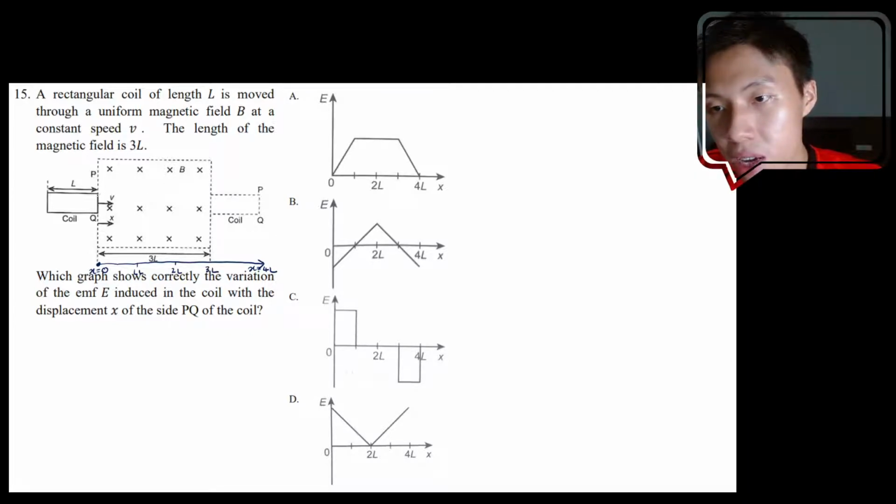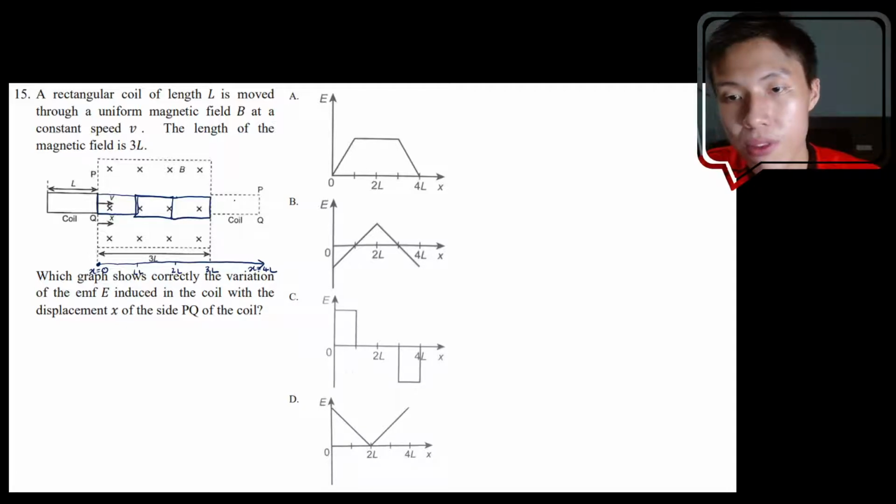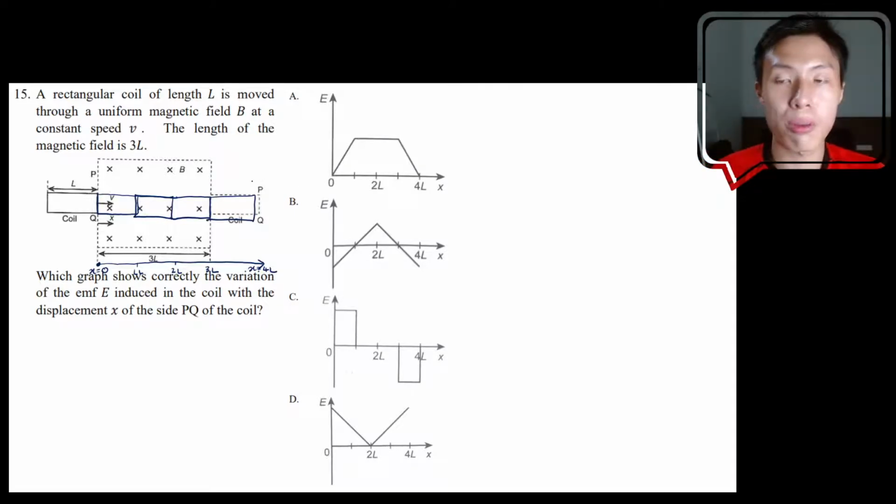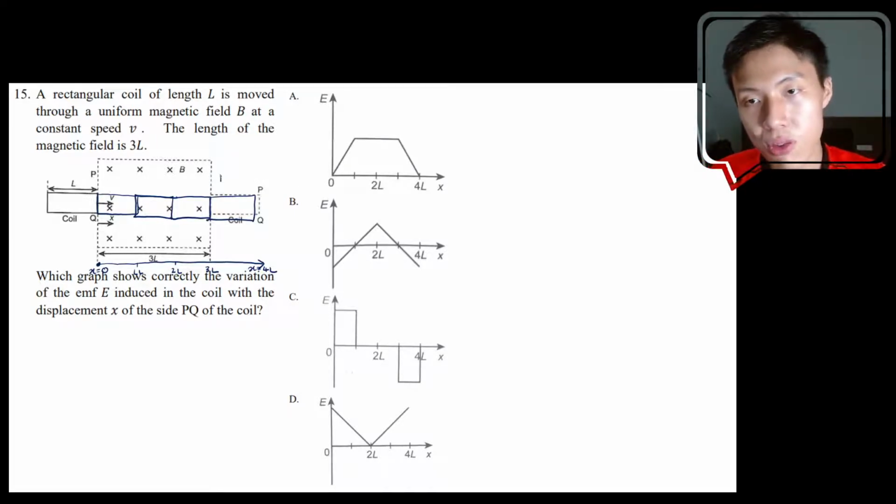When you reach 1L, that means you are fully inside the uniform magnetic field. When you reach 2L, you're at the center of the region. When you reach 3L, you're starting to exit the uniform magnetic field. When you reach 4L, you have fully exited the uniform magnetic field.